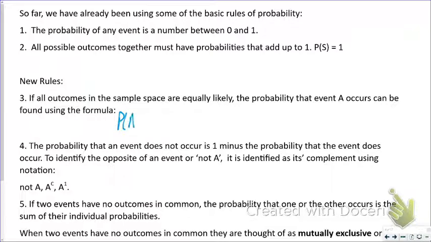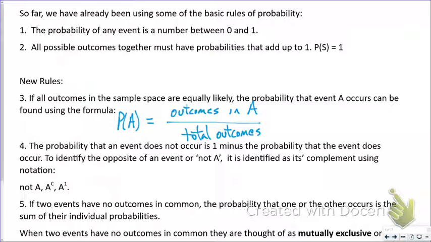Probability of A is outcomes in A over total outcomes, and you get the probability of A. So that's like favorable events over all events, or favorable outcomes over all outcomes. That's your basic probability that you probably learned back in middle school.